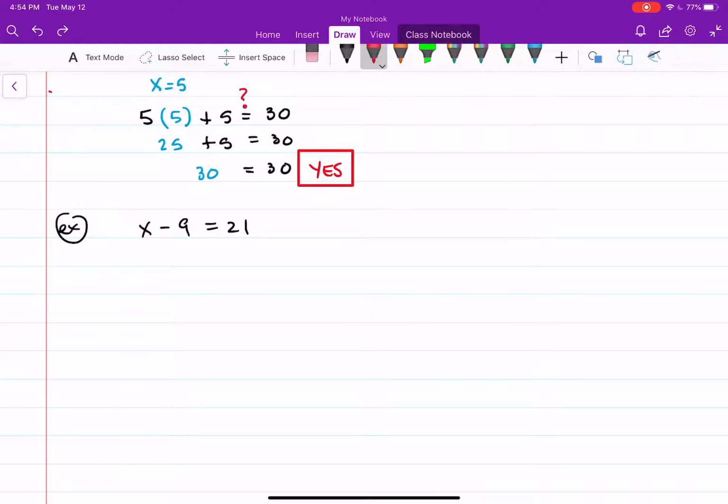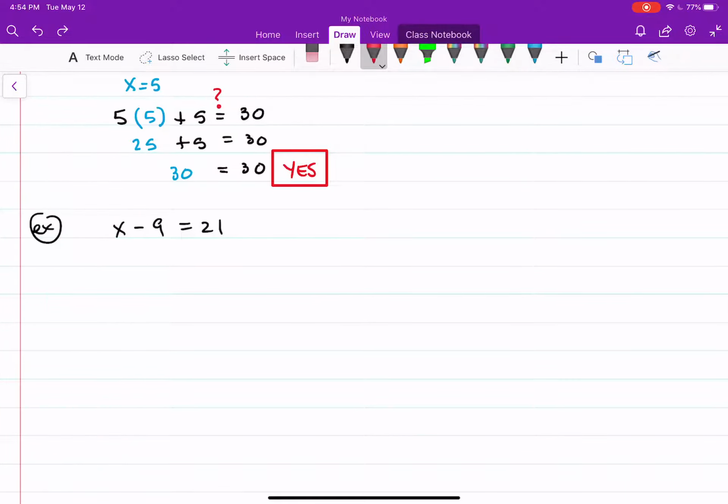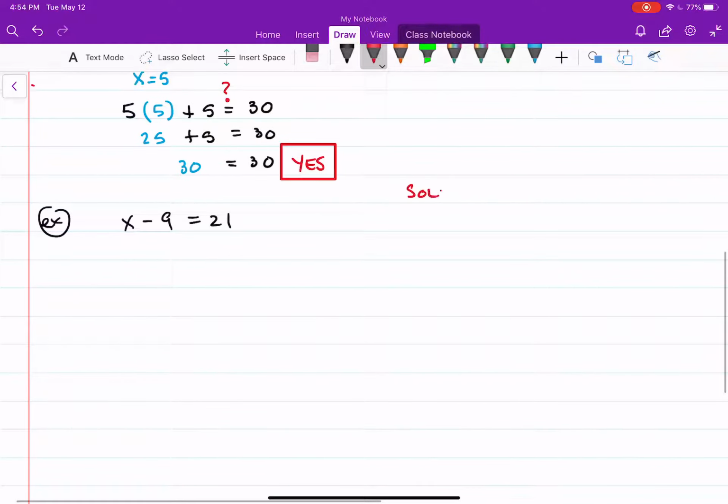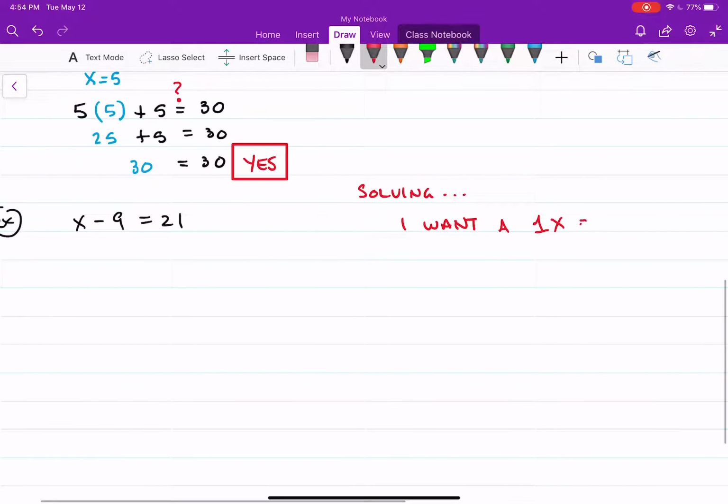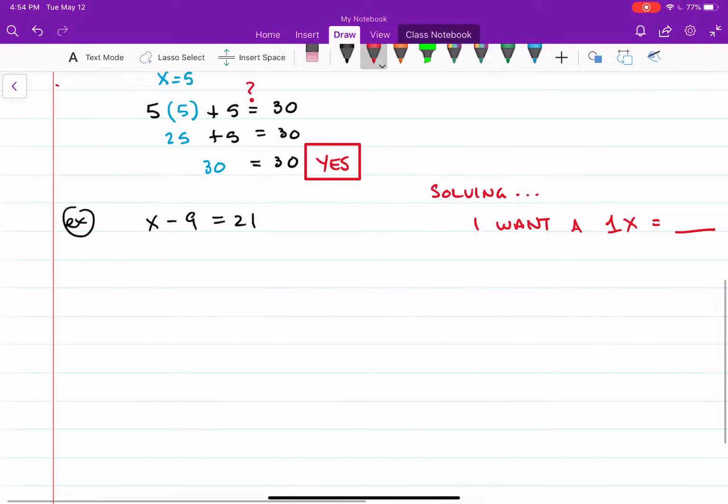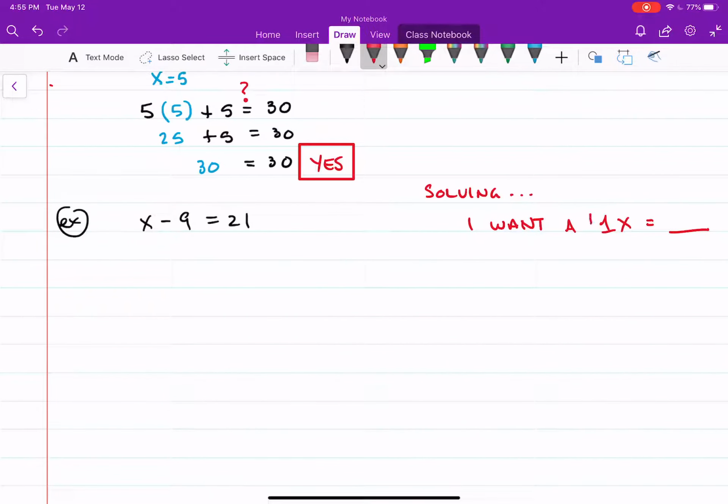So essentially, in solving, I want a 1x or 1y or 1t or 1z to equal the result, okay? So it's a positive 1 is what I want.